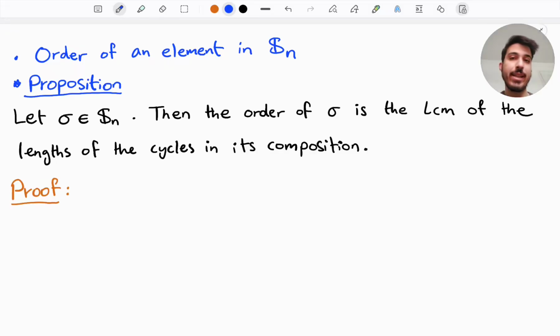Let sigma be in Sn. Then the order of sigma is the least common multiple of the lengths of the cycles in its composition.